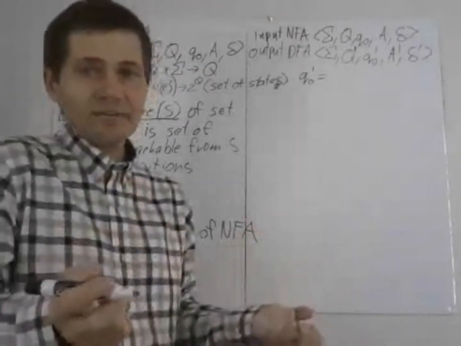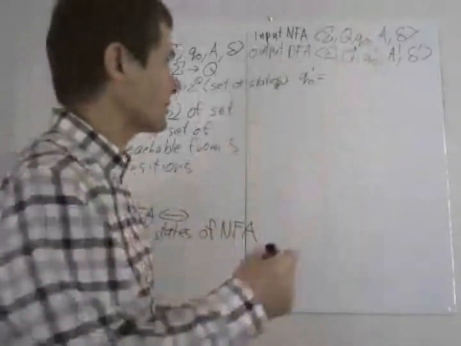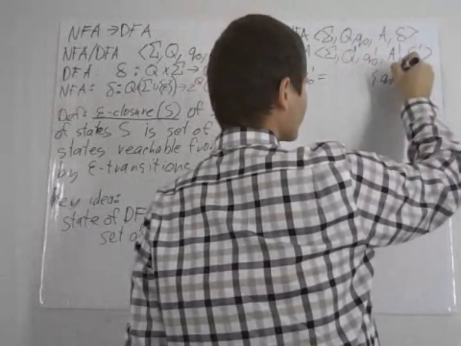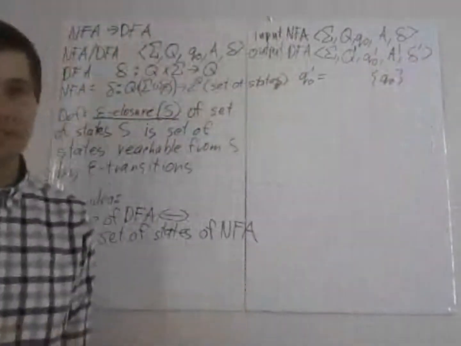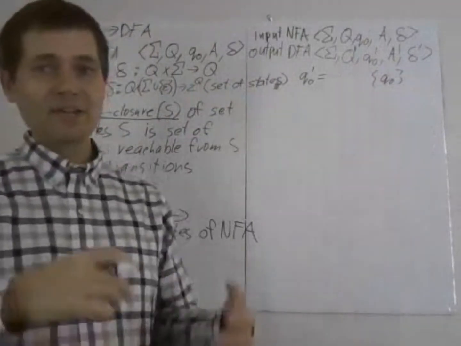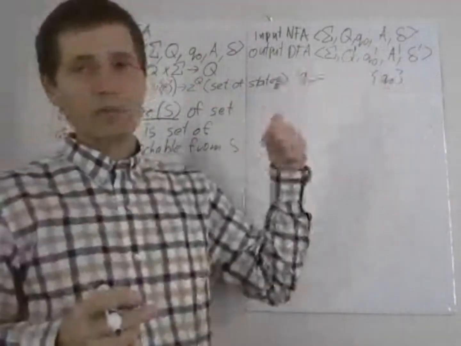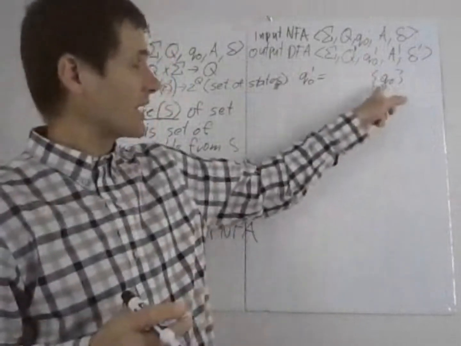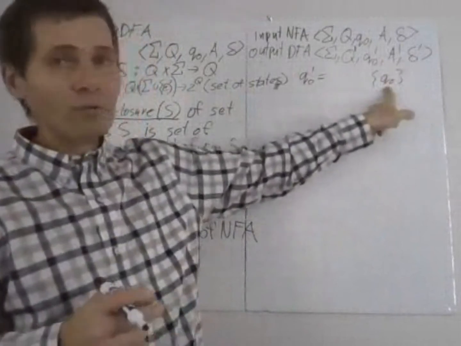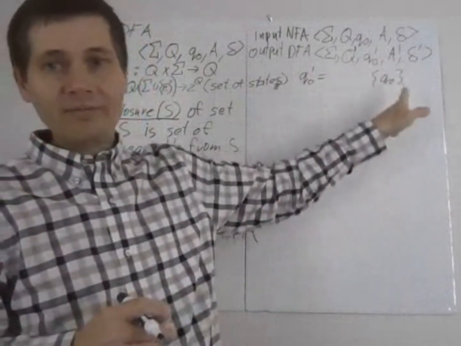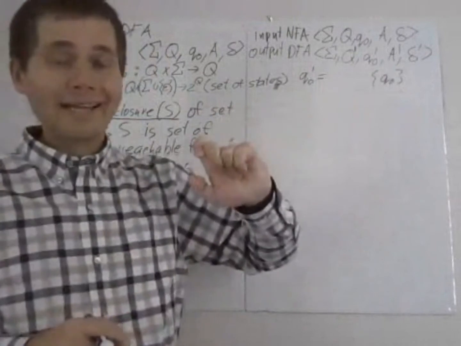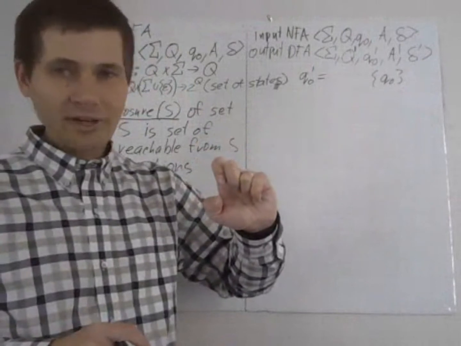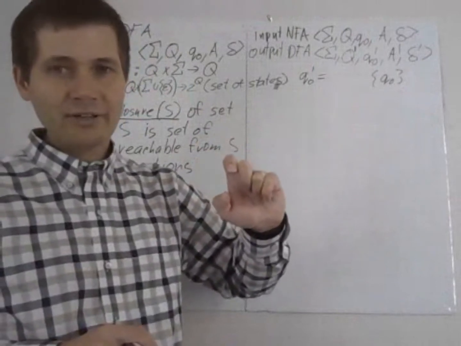And initially, the NFA is in the state Q0. So you might say, well, the start state of the DFA should be a state that's a set of NFA states containing only the start state of the NFA. Okay, and so that makes sense, or that hopefully makes sense, but it's not quite the full definition.